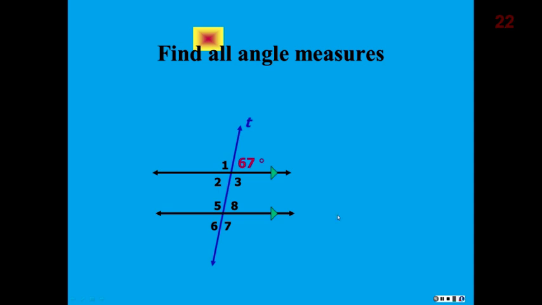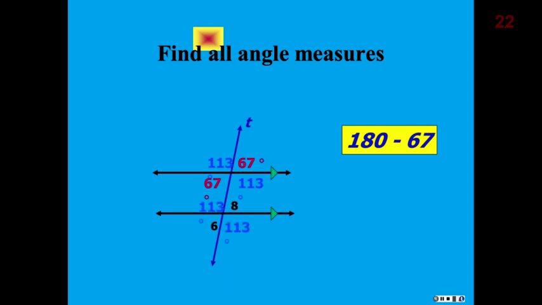Which is? I want a number. No, it's not 112. It's 113. Yeah, so those will be 113. Okay, so if I give you 1, you should be able to give me the other 7 using the zigzag strategy. Okay?